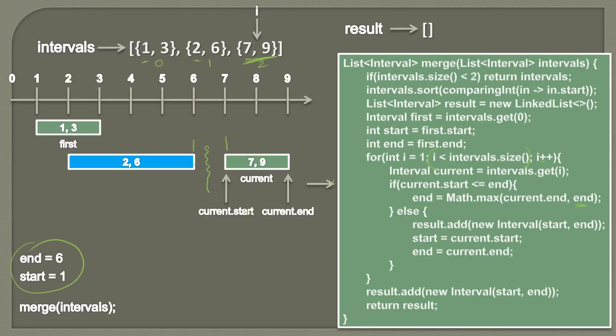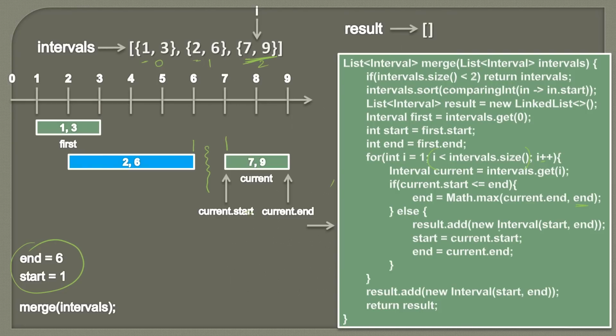Therefore they are not overlapping with each other. So this condition comes out to be false, and the else part will be executed. In the else part, as we have already found a gap between these two intervals and this interval, we can now safely merge these two intervals, because when we go ahead, they will not be affected, and we can simply merge them and add them to the result.